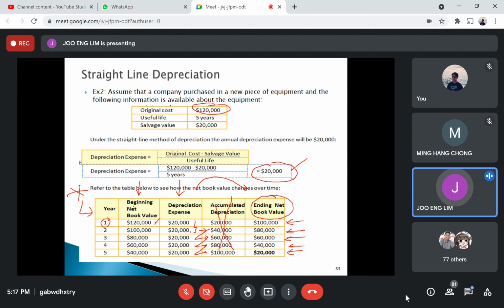Then minus another 20 because it's straight line, same amount. It will be 80, minus another 20, 60, minus another 20, 40, minus another 20. So can you see? Your ending or terminating value of your asset is your salvage value. Clear? That is the salvage value that you anticipated to have when the machine is at end of life. Clear?